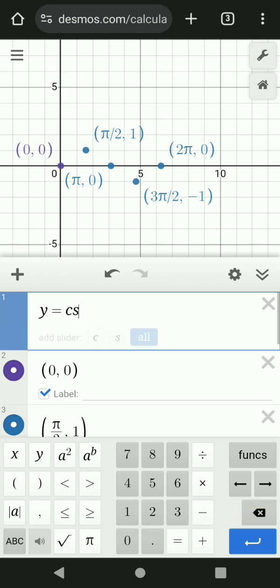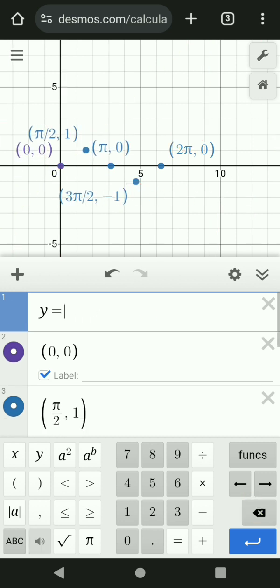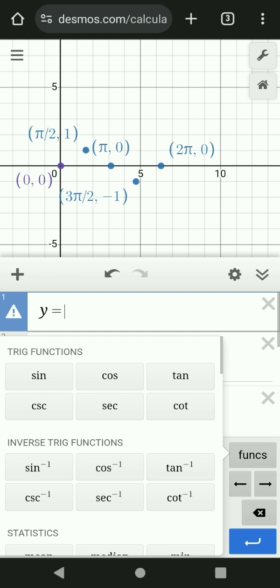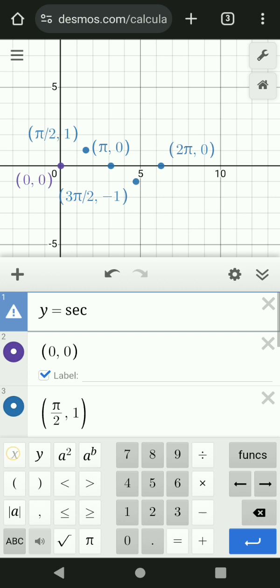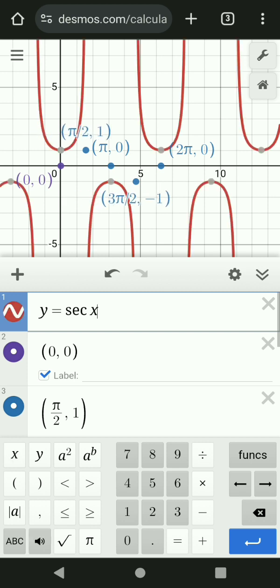Next we have the sec x. Just like the cosecant, they are similar. Now the secant is the reciprocal of the cosine.